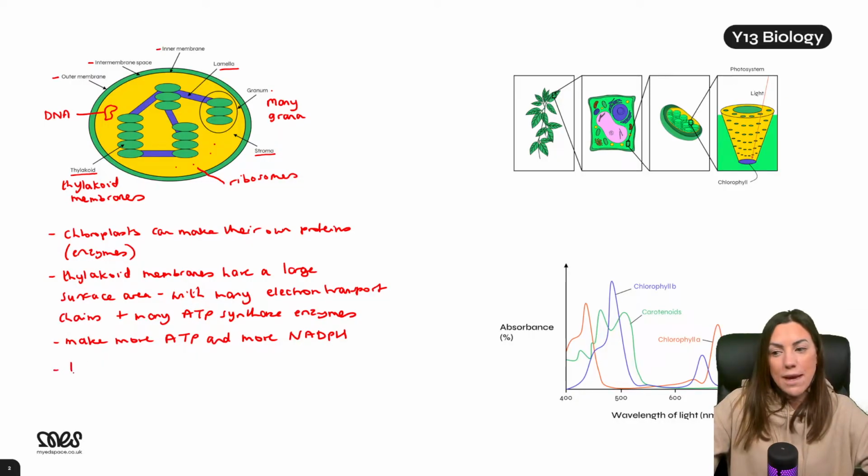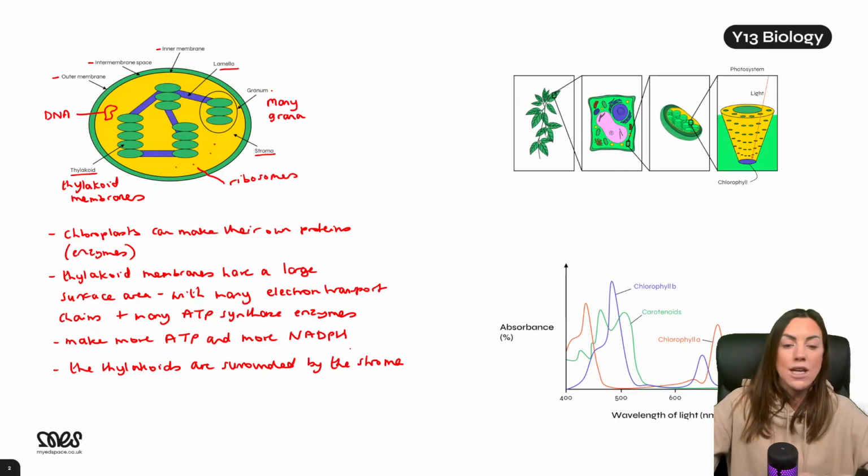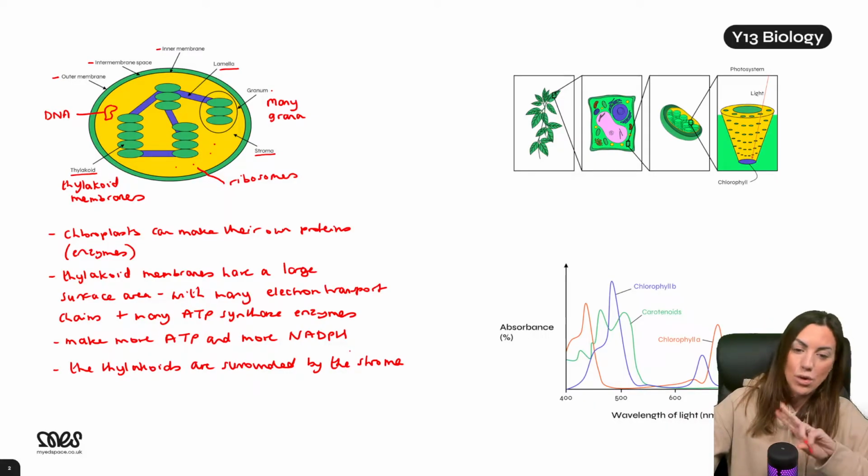The other thing just to mention is that the thylakoids are surrounded by stroma. Now, the reason that's important is because the ATP and the NADPH that are made on the thylakoid membranes can really quickly get into the stroma where they're needed for the light independent or the second stage of photosynthesis.